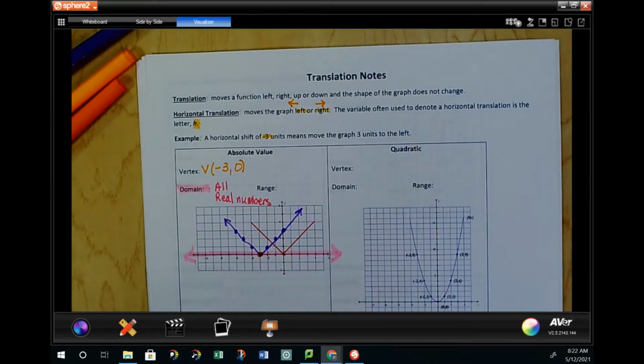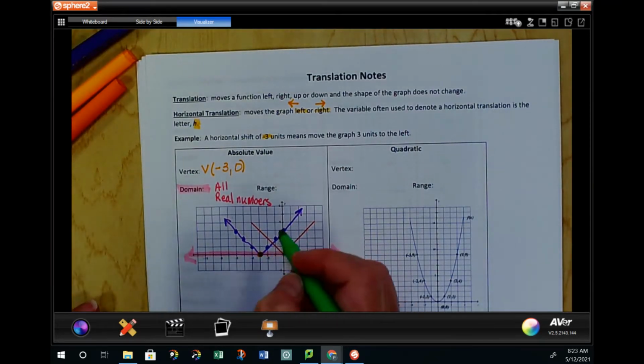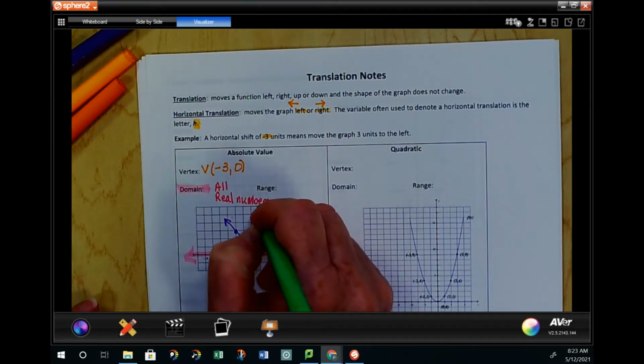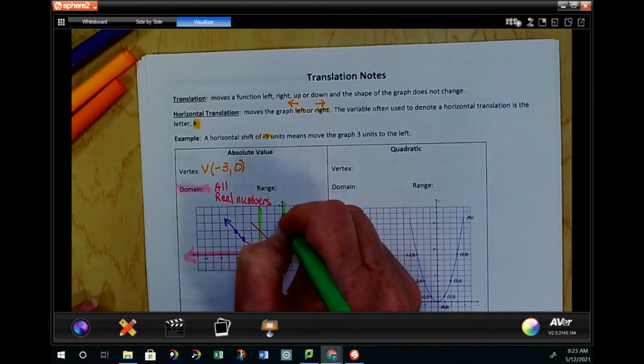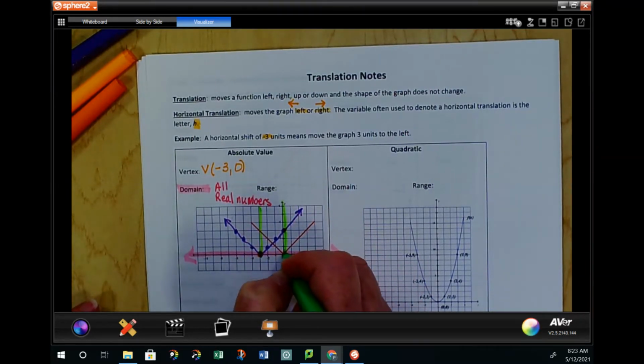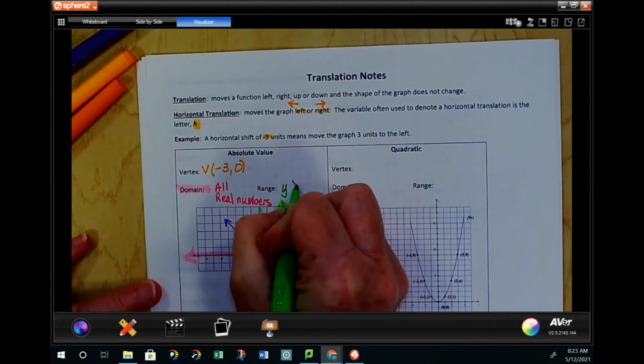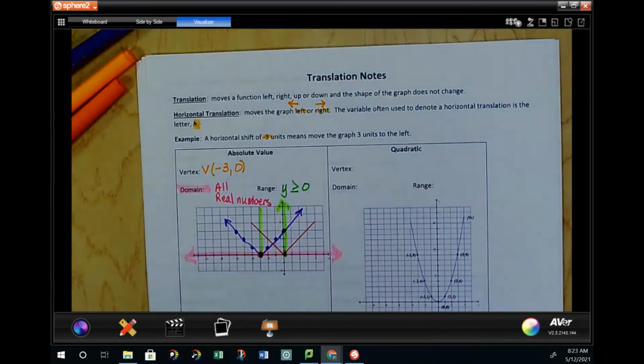Okay, and then my range is different. My range deals with my y values. If you look, I started at my vertex point and I'm just going to go up. My lowest point on my y-axis is 0. So this means that my range is going to be y is greater than or equal to 0.